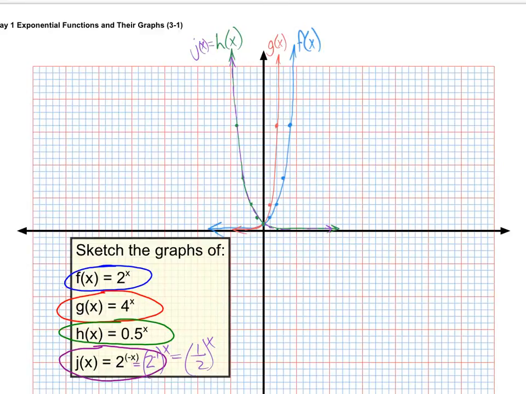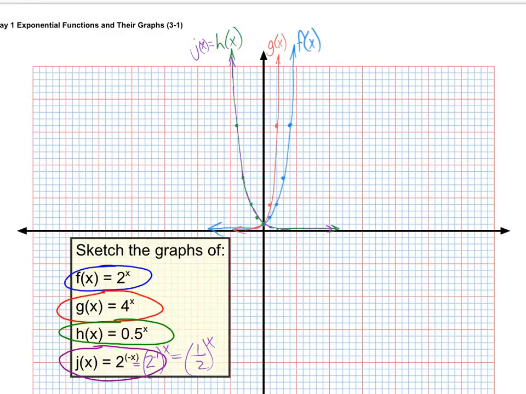Now I did this intentionally because I want you to see here, by the way, notice our transformation, 2 to the negative x. If you make x negative, that reflects it across the y-axis, right? That's from last unit. So there are actually two different ways you can get a decay model.